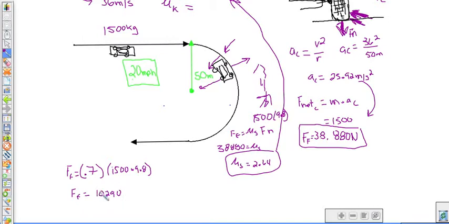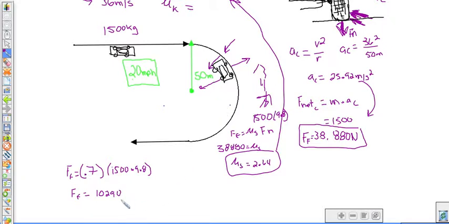So this is the maximum force of friction that I can have to go around this turn and not slide off the cliff and die. So let's work backwards and find out the maximum velocity around the turn that I could do.